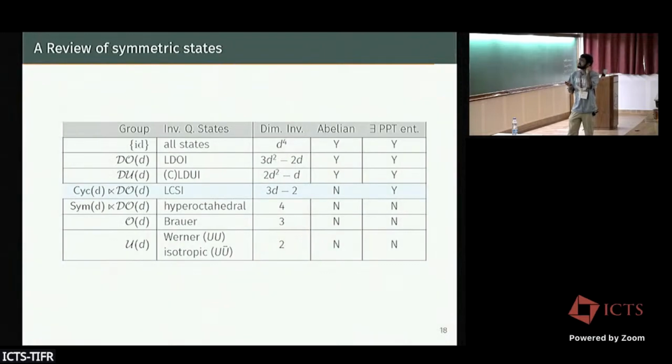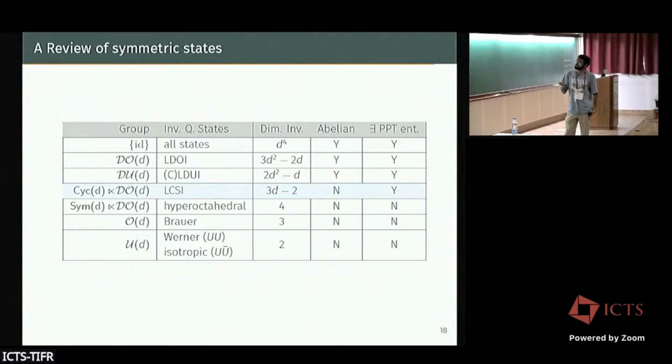So this is a final overview of the symmetric states which are analyzed in the literature. If you have the full group of unitary matrices, you get the Werner and isotropic states, a two-parameter family, and there doesn't exist PPT entanglement. If you extend this group to all the orthogonal matrices, you get the Brauer states, and you still don't have PPT entanglement.